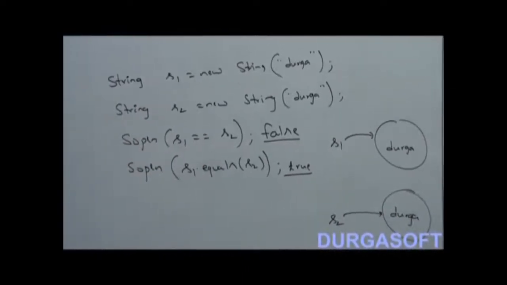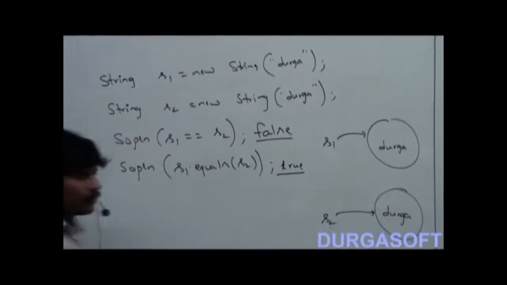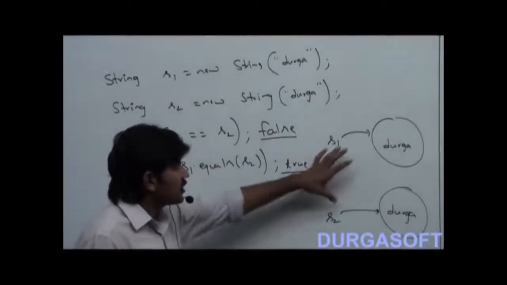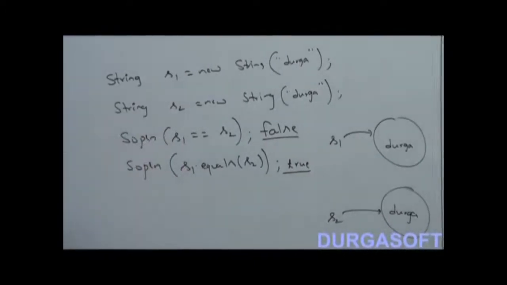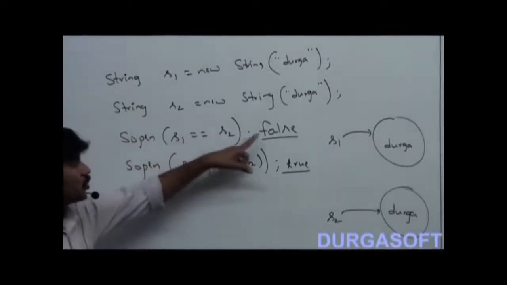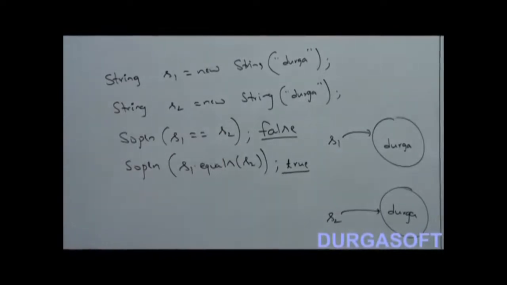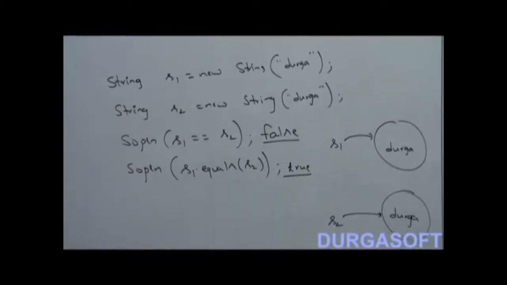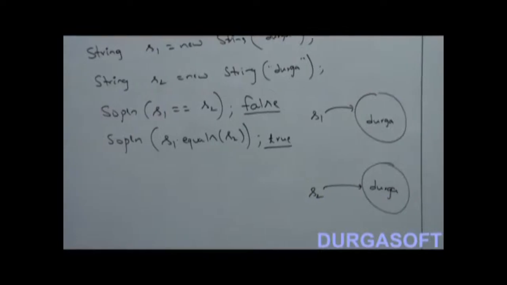Here if you observe, S1 and S2 both are not pointing to the same object. So reference wise these are not equal, address wise these are not equal. That's why S1 double equal to S2 is false.